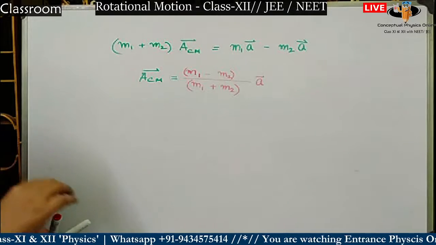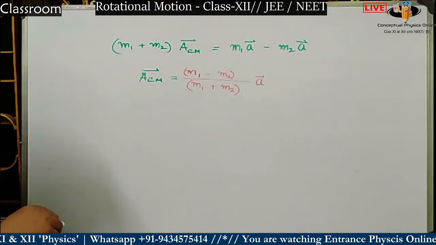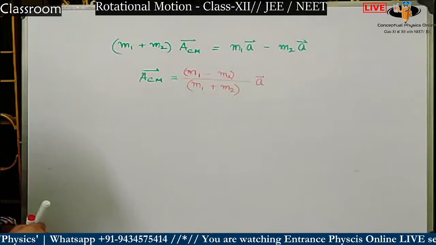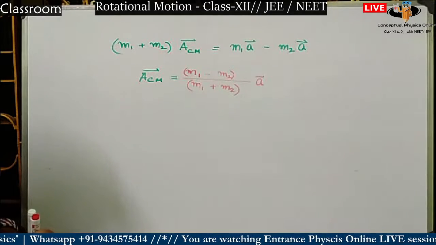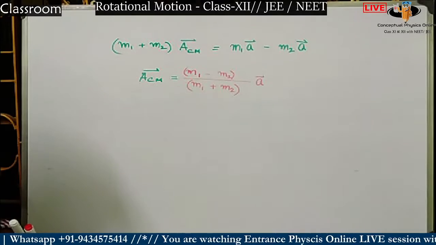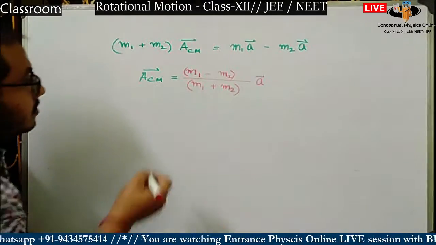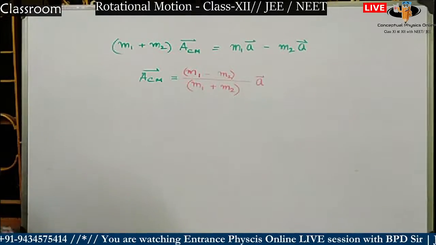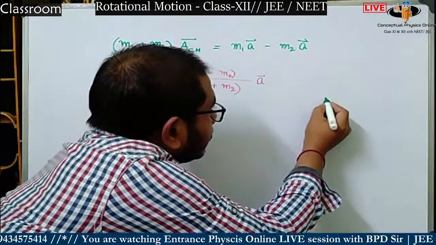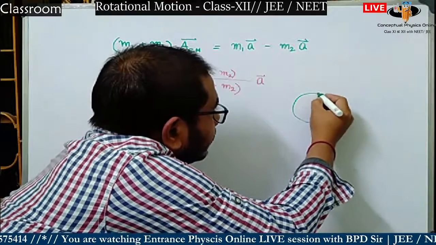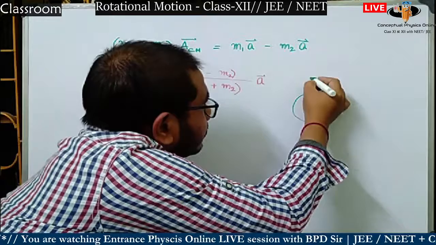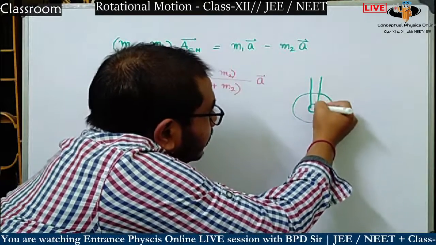Now this a can be written as follows. You can see the situation: there is a massless and frictionless pulley.